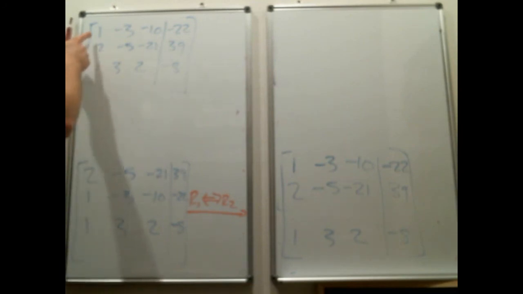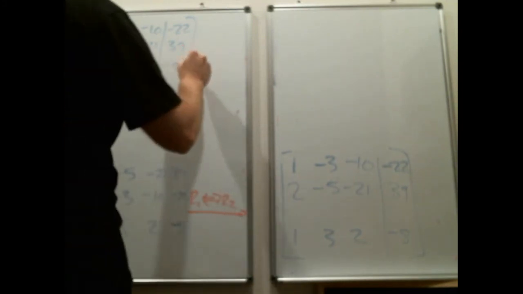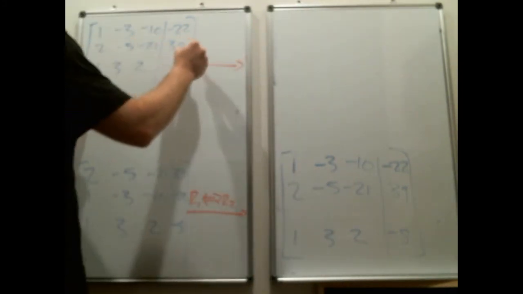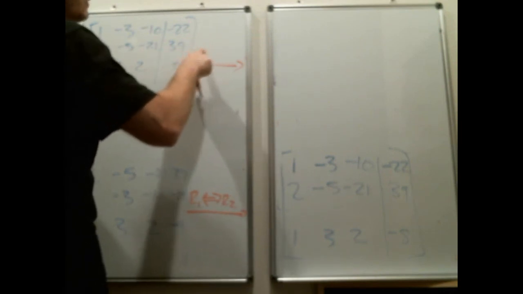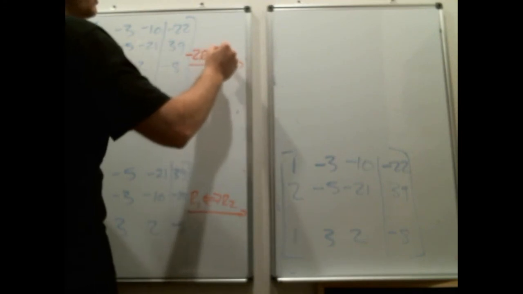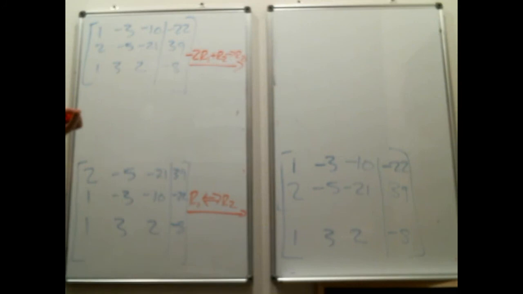What you want to do is you always want to use the 1 in the diagonal that you made. So use the 1 in the diagonal above it to make it a 0s below. Alright, so to make this a 0, I need to do negative 2 times row 1 plus row 2 gives me a new row 2.